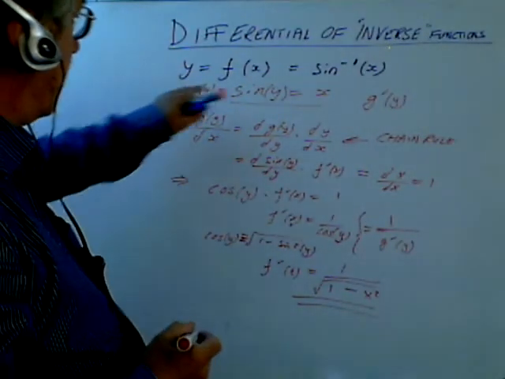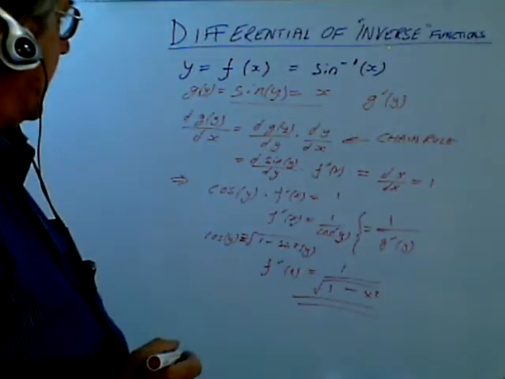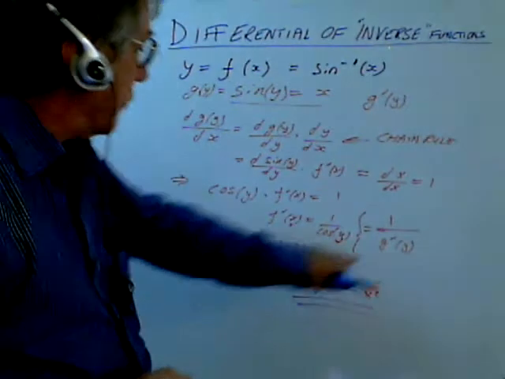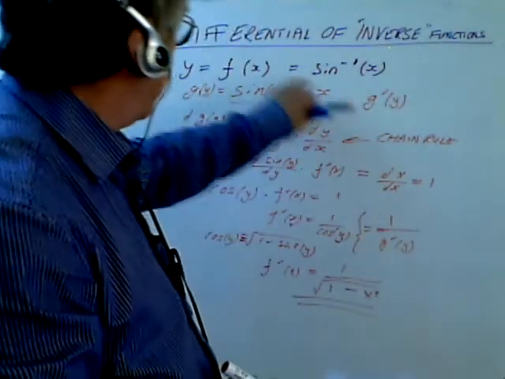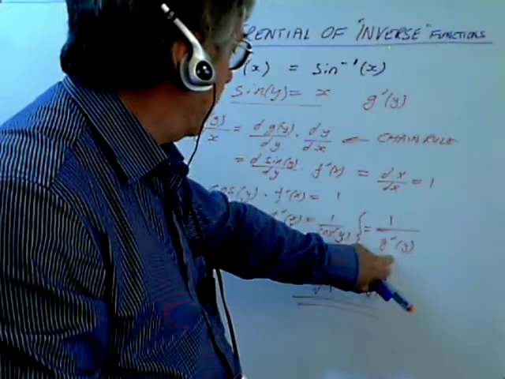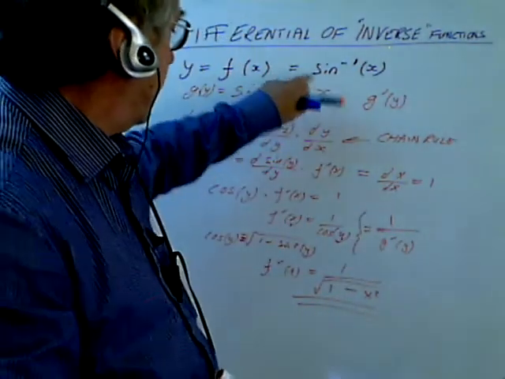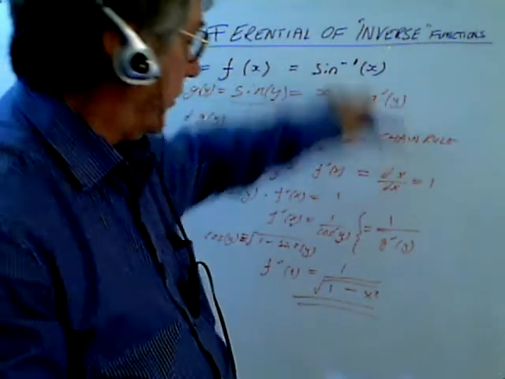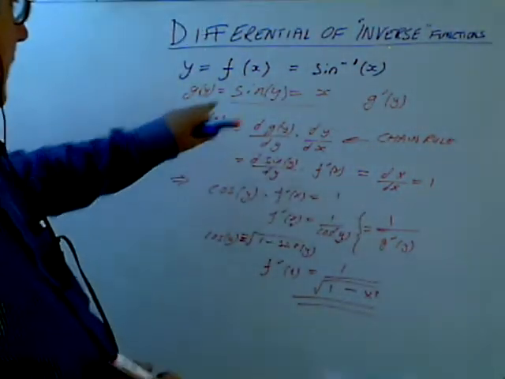So that is how we differentiate an inverse function by method 1, where we're told that the function is given by that. What you must remember is that the differential in this way is just 1 over the differential of the inverse function, which is just the function itself, but differentiated with respect to y.